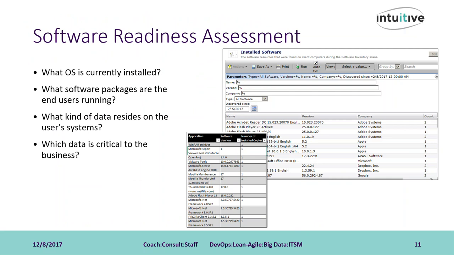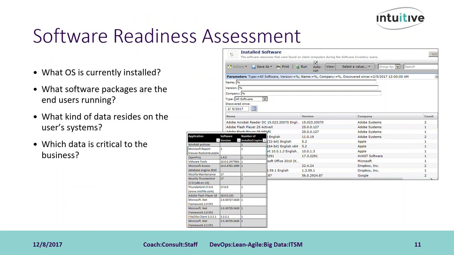Determine if any data resides on the user system. For example, home directories, browser favorites, etc. Draft and agree on a policy of responsibility related to user data residing on users' computers, and assist where appropriate.